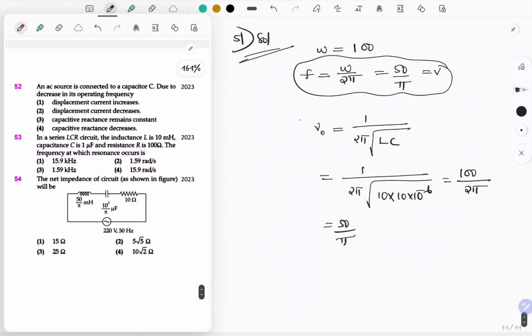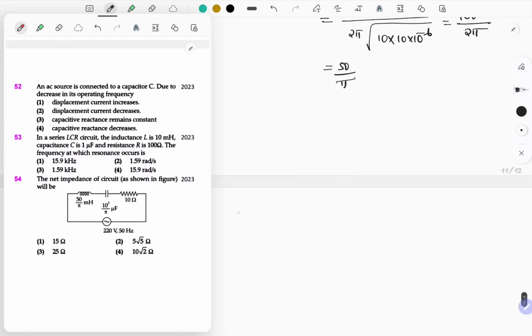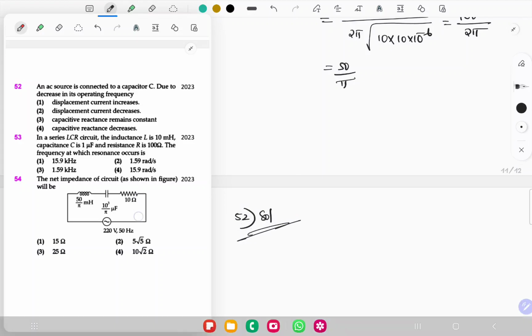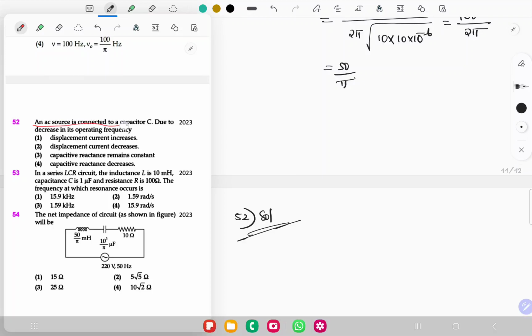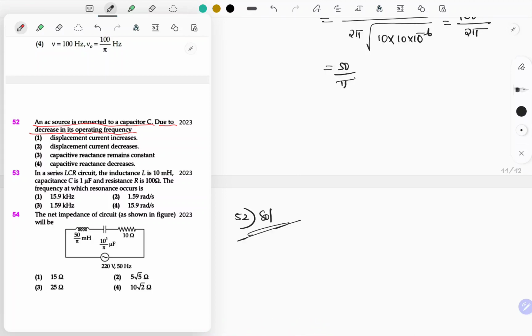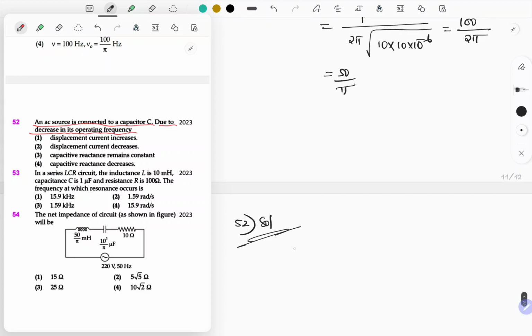Next, let's solve question 52 of 2023 NEET questions. An AC source is connected to a capacitor. Due to decrease in its operating frequency, what happens? Displacement current is produced due to varying electric field between the capacitor plates.